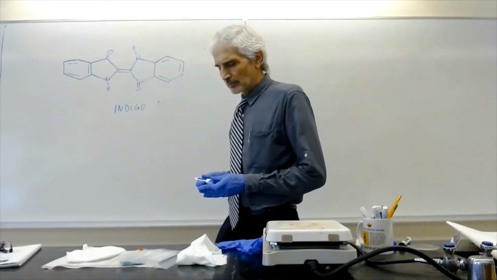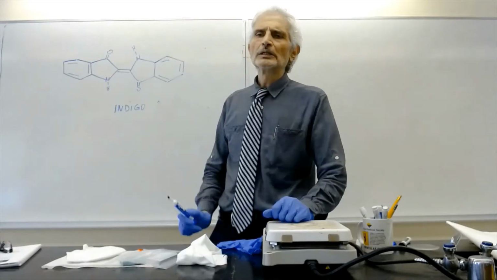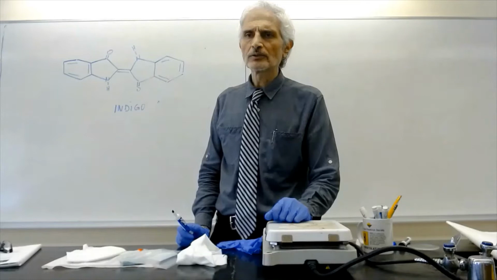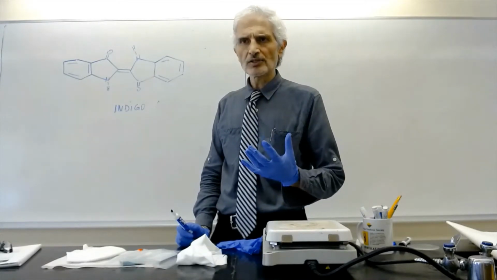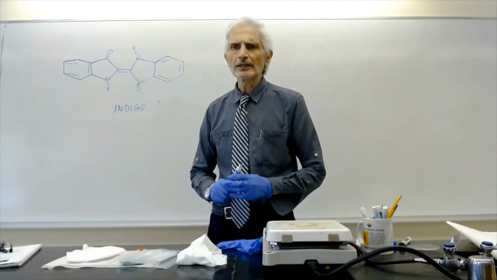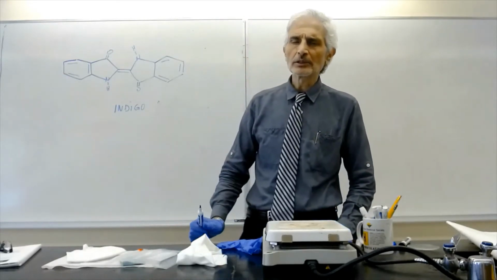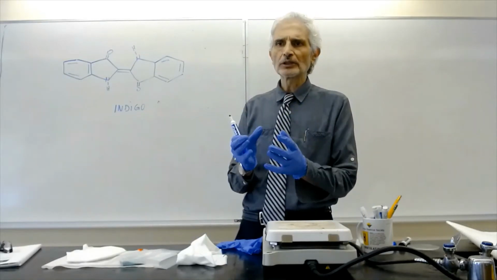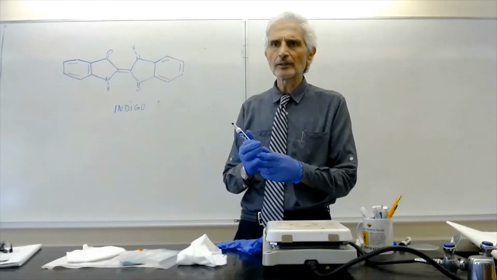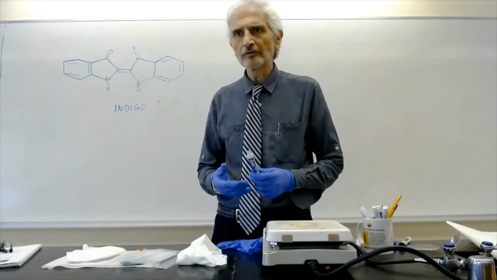So in the lab, you're going to have to take this compound and reduce it so that it turns into a soluble dye. As is, this compound is insoluble in water, so you can't just use it on a textile fiber to dye the material, because it will just get washed off.